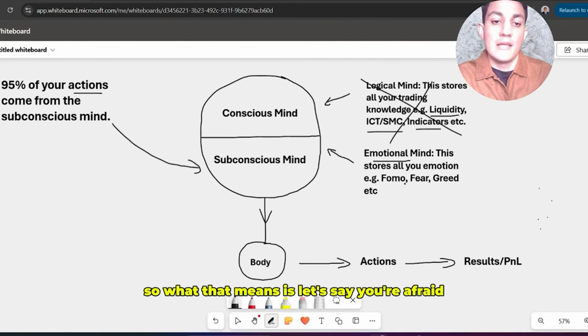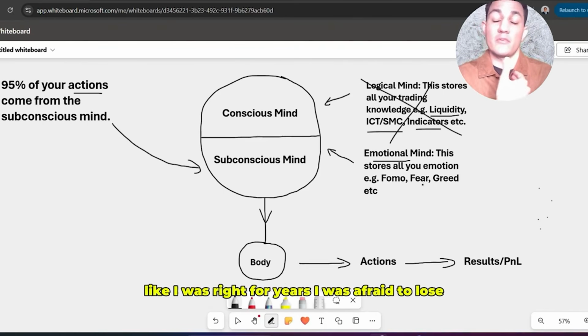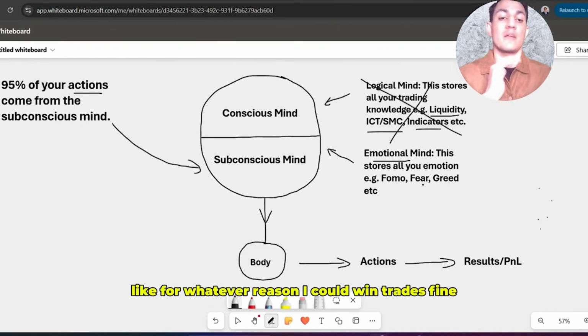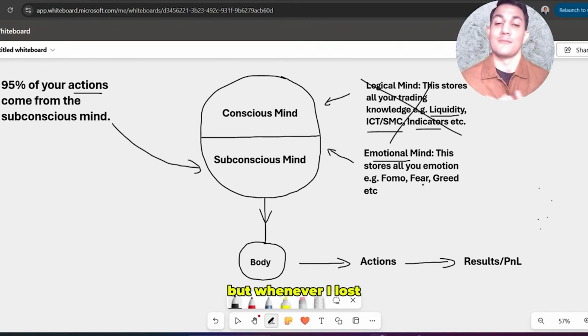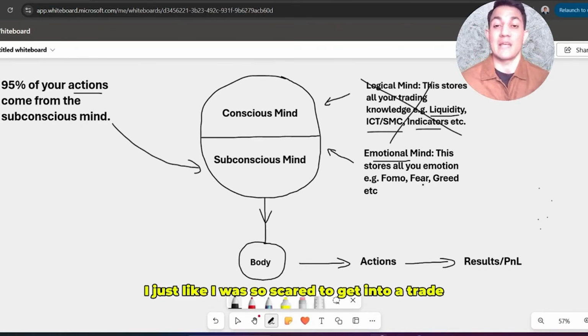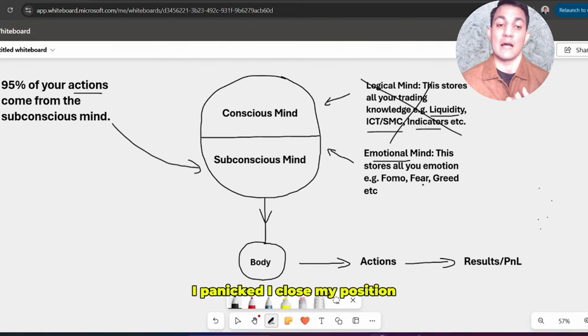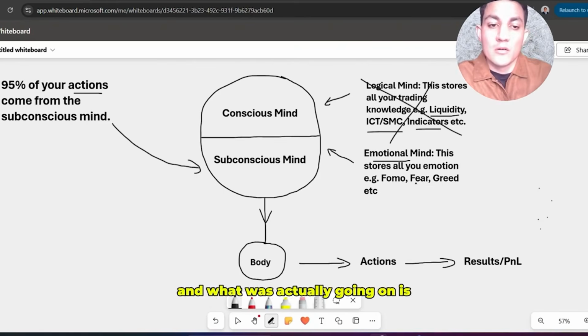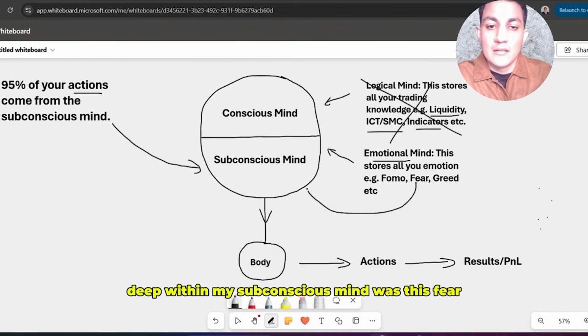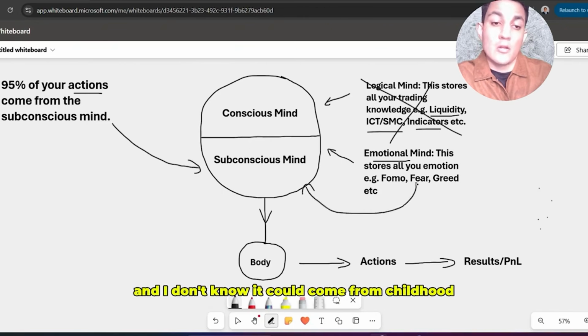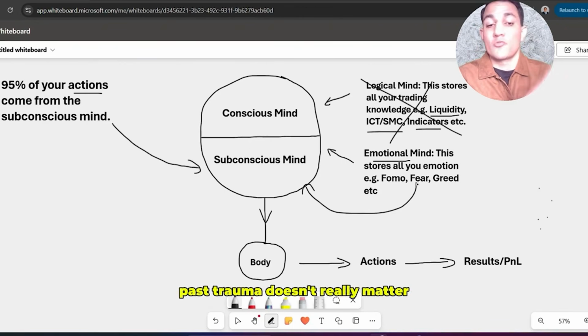So let's say you're afraid, like I was. For years, I was afraid to lose. For whatever reason, I could win trades fine, but whenever I lost, I was so scared to get into a trade. As soon as I saw any sort of drawdown or price reversing against me, I'd panic, I'd close my position, I'd move my stop to break even. And what was actually going on is, deep within my subconscious mind was this fear. It could come from childhood, past trauma, it doesn't really matter.